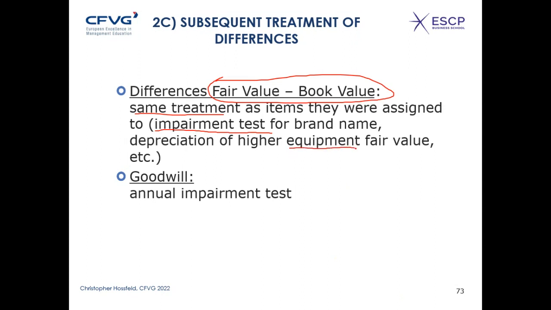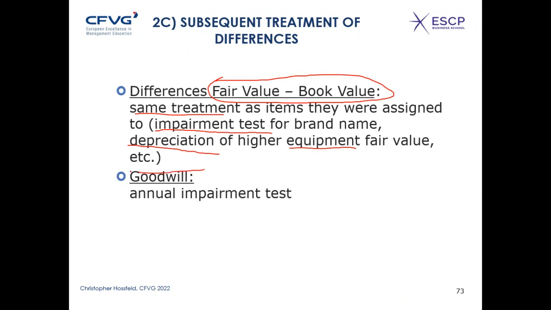Equipment is depreciated, so if I have a valuation difference related to equipment, I need to depreciate it over time. Maybe my valuation difference relates to liabilities. Then I have to check how the liabilities are accounted for, how they are reimbursed, and adjust for the difference. So I just apply regular accounting on the valuation difference wherever it is located.